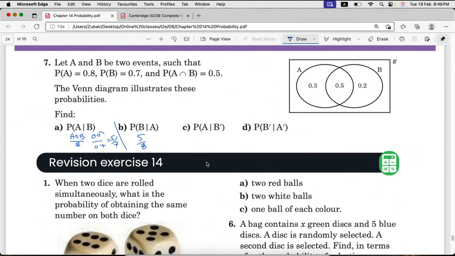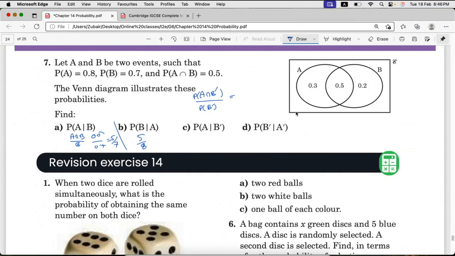C part. A intersection B complement. I think it's 1. First, the numerator. Which part is A intersection B complement?